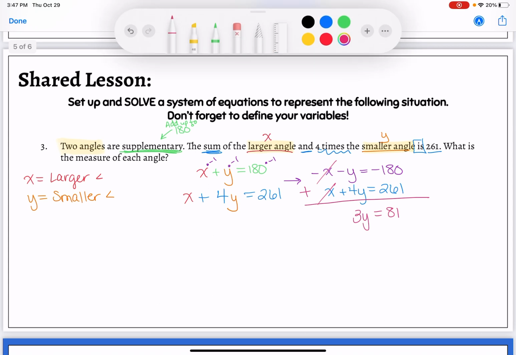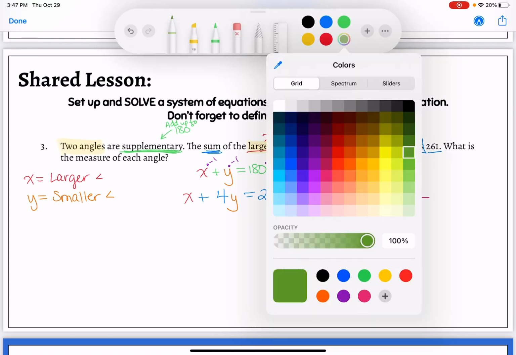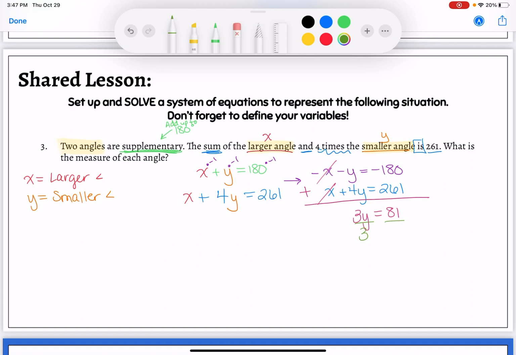All right. Now I am going to divide both sides by 3. And I get y equals 27. So the smaller angle will be 27 degrees. Remember, we are labeling this one, and the measure of an angle is in degrees.